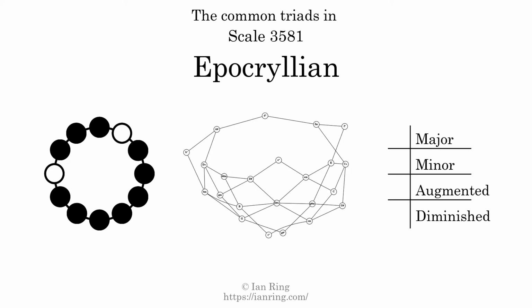110111111101. Here are the common triads present in this scale. The diagram in the center is a graph of parsimonious voice leading between triads. There are 7 major triads. There are 7 minor triads.